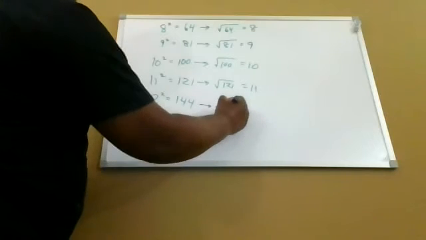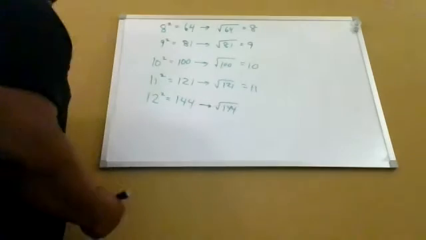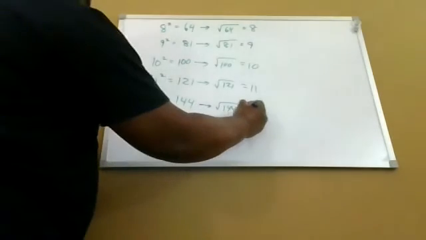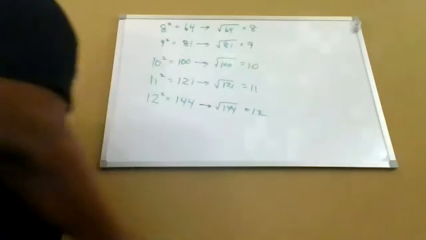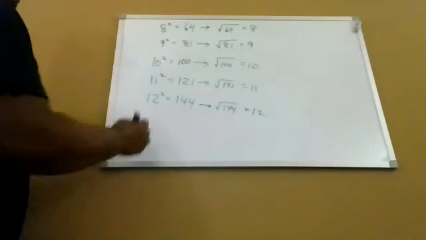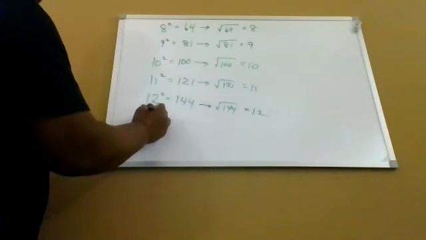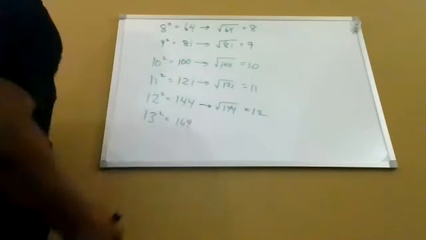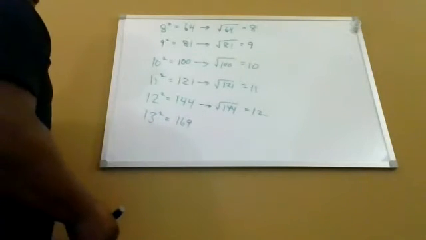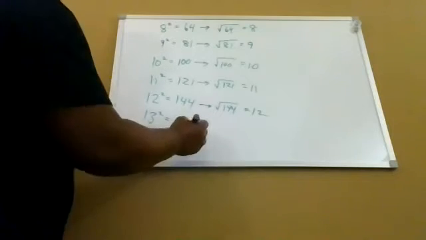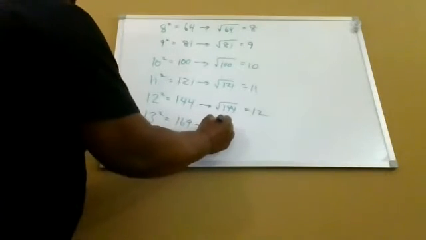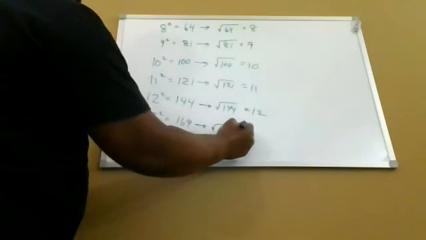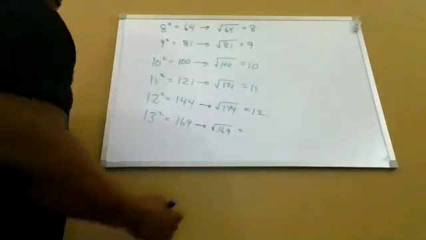So the square root of 144 equals 12. And last, 13 squared is 169. And the square root of 169, that equals 13.